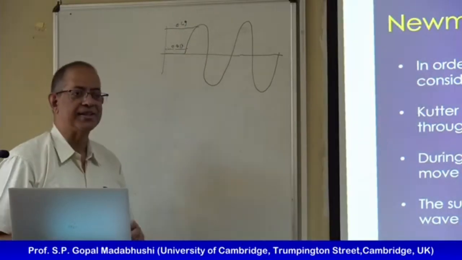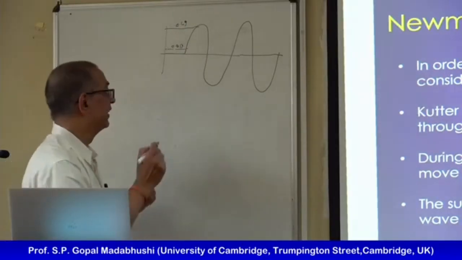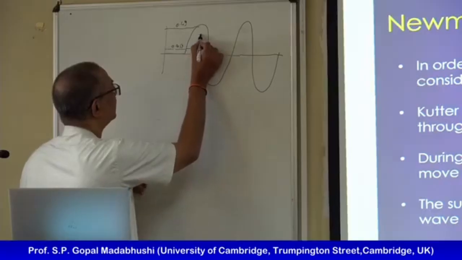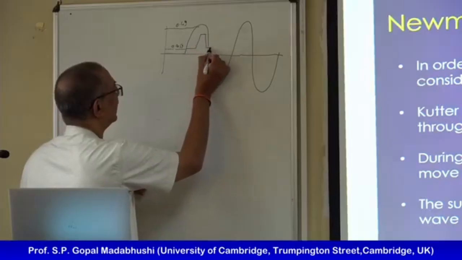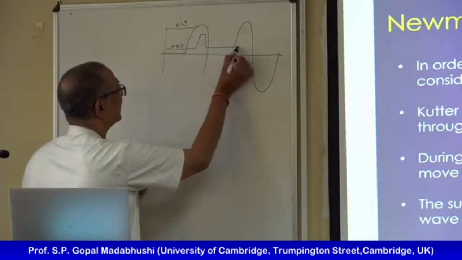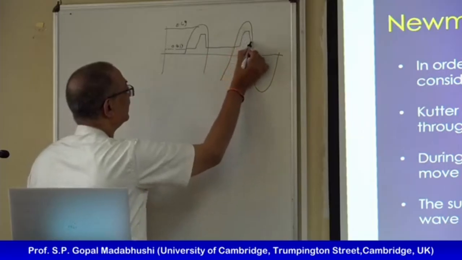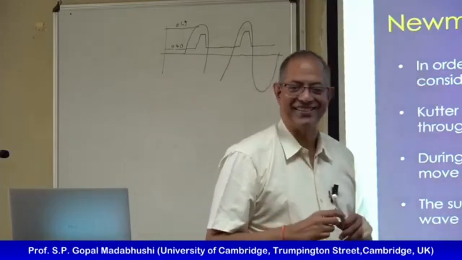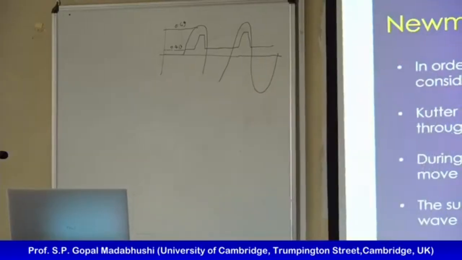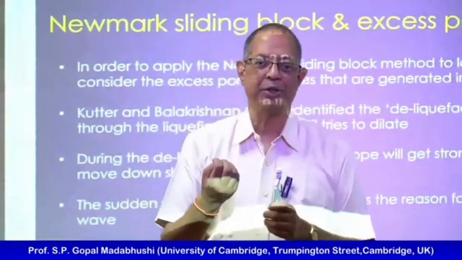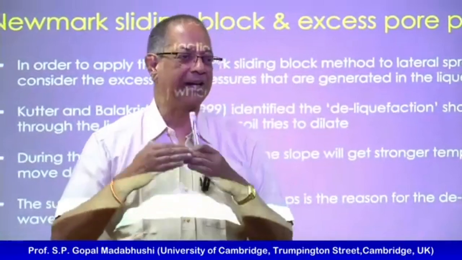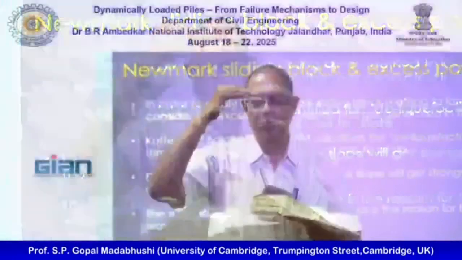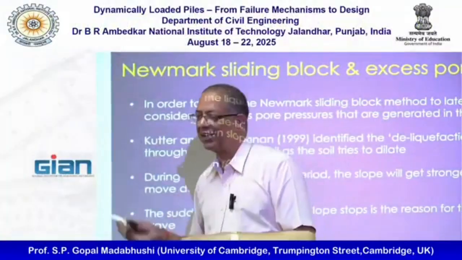But when I get this deliquefaction shock, this thing stays like that and jumps up. Does that make sense? So you can say the deliquefaction shock will create a temporary increase in your threshold acceleration, which means I can still handle this.